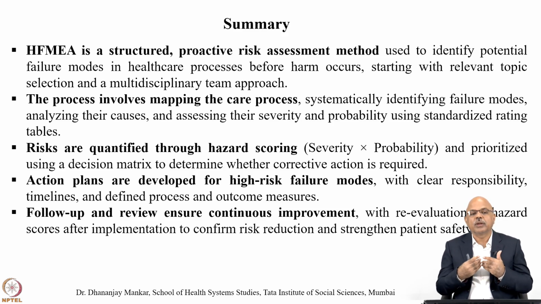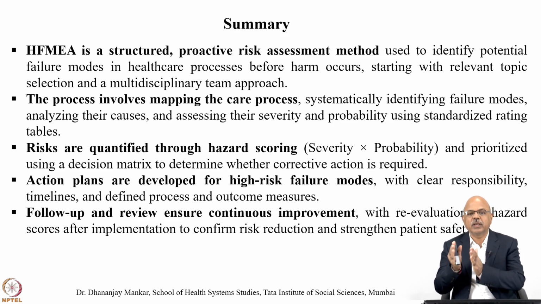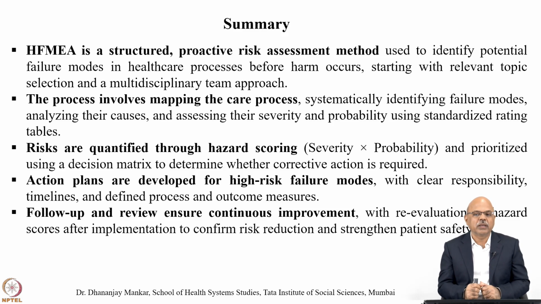Then you work on the risk, as risks are quantified through hazard scoring, because you cannot just explain the risk in words, but with numbers, severity with respect to probability. And prioritize using the decision matrix to determine whether a corrective action is required or not.